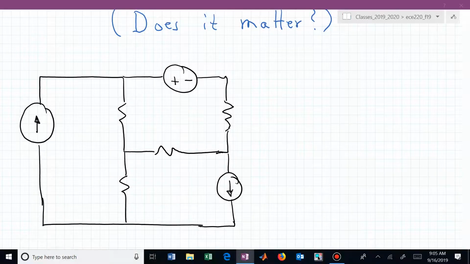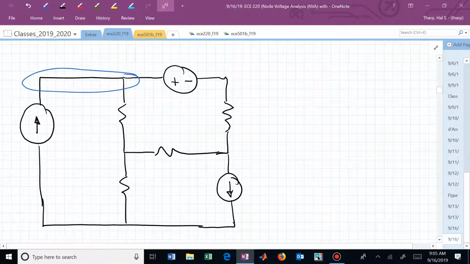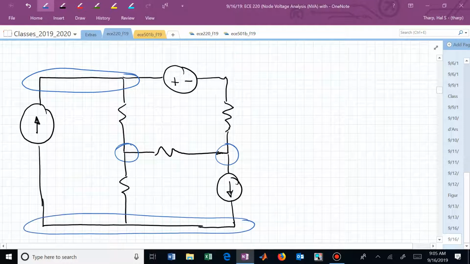Hopefully, you see that here is an essential node. Is this an essential node? No, it's only connecting two circuit elements. Here is an essential node. Here is an essential node, and this is an essential node. The size of these essential nodes, the way I've diagrammed them, is not that critical, but sometimes it's helpful to assign your reference node as the one where most elements are connected.